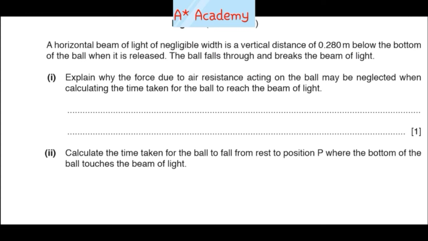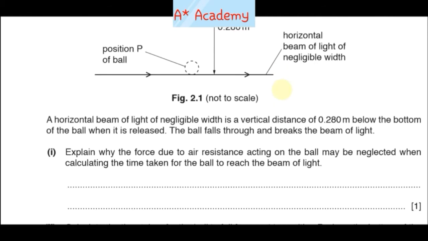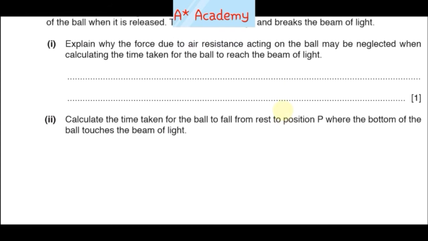Well, the ball has a very small diameter, so the air resistance acting on the ball is quite negligible, because air resistance depends on the dimensions of the object falling through the air. Since this diameter is very small, the resistive forces due to air are very small compared to the weight of the object.